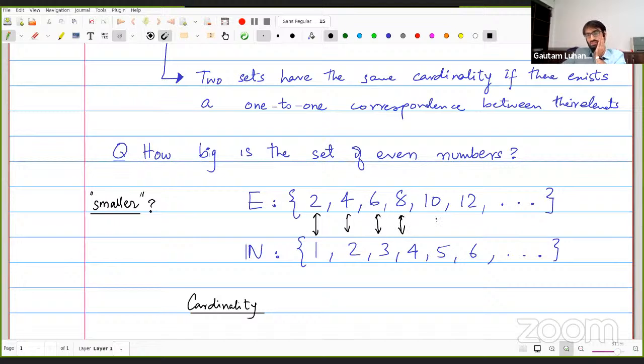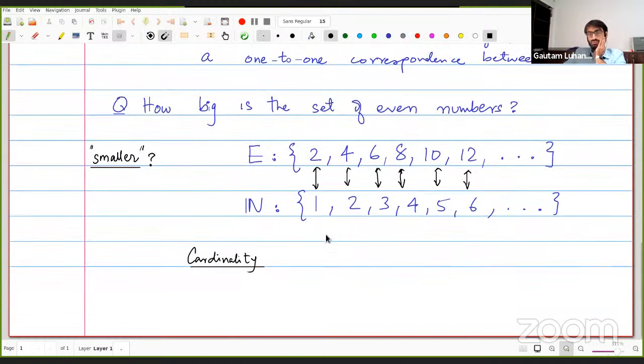And I can make this correspondence quite rigorous. If I want to create a mapping from the set of natural numbers to the set of even numbers, it's quite obvious what it will be: I take the number n and I map it onto the number 2n.